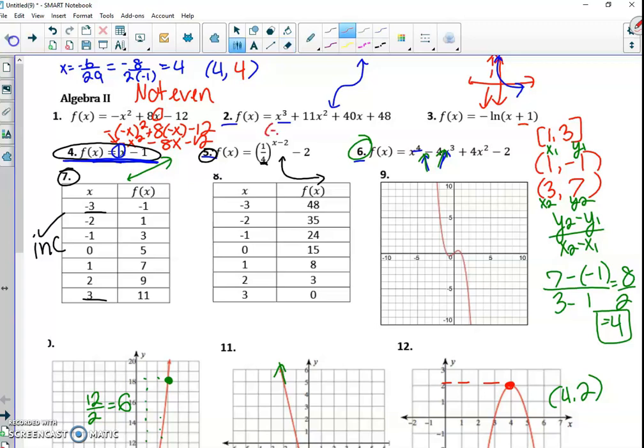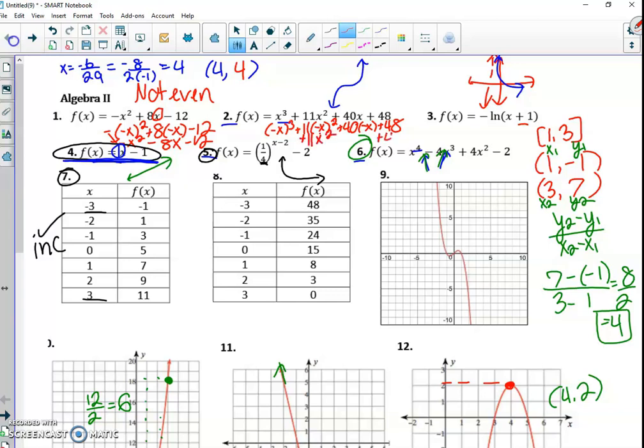So if I plug in a negative to all these x's, you can already tell that the 48, there's no way it's going to switch signs, because it's just plus 48. Also you can see this 11x squared would change to positive 11x squared, right? Negative x squared would turn positive.